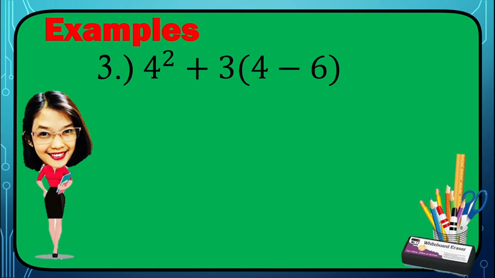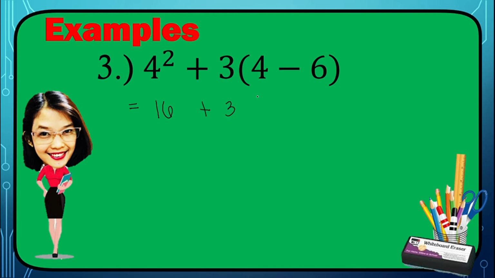Number 3. 4 squared plus 3 times the difference of 4 and 6. As you observe, there's already a parenthesis and an exponent. Now, what does 4 squared mean? It means you're going to multiply the number by itself twice. So 4 times 4, the answer will be 16, plus 3.